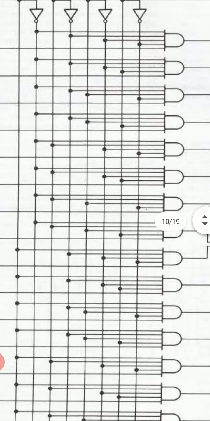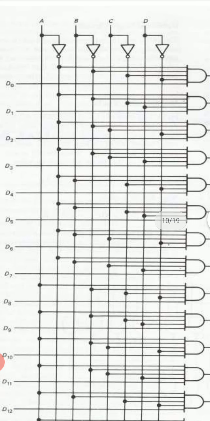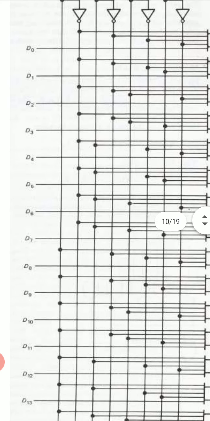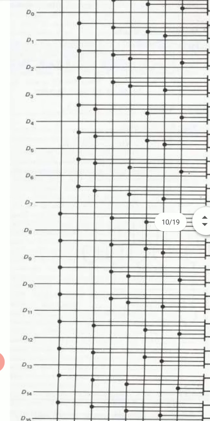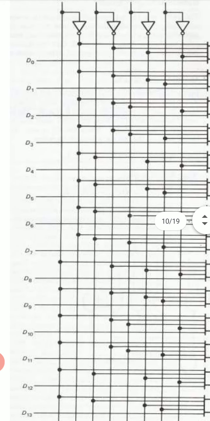Each AND gate has 5 inputs. 4 are from these 8 lines A, B, C, D and A bar, B bar, C bar, D bar, and the 5th line is from one of these 16 input bits from D0 to D15.